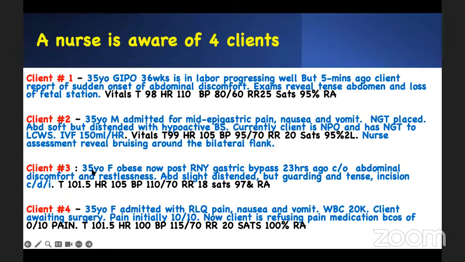Number 3, 35-year-old, obese, now post-Roux-en-Y gastric bypass, 23 hours ago, complaining of what? Abdominal discomfort and restlessness. Abdomen slightly distended, but guarding and tense. Incision, clean, dry, intact. Temperature, heart rate, blood pressure, respiratory rate.